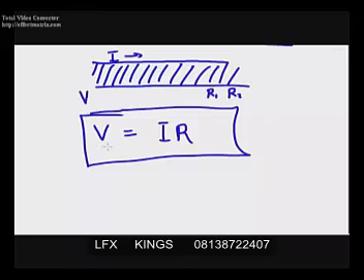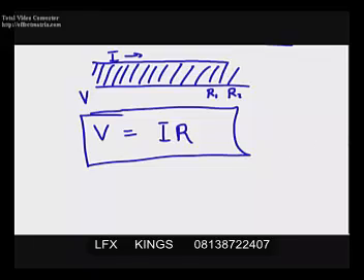V is equal to IR. So if they give you voltage and they give you current and they tell you to find resistance, you simply make resistance the subject of the formula, make R the subject, and use your V and I to find R.